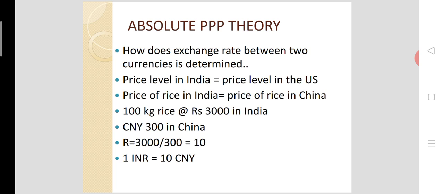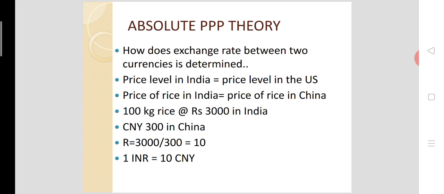So now we can calculate India's exchange rate in terms of Chinese yuan. 3000 by 300 is 10. 3000 is the price of 100 kg rice in India. 300 is the price of 100 kg same quantity, same quality rice in China.